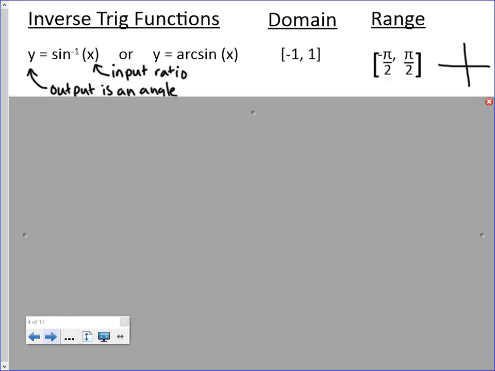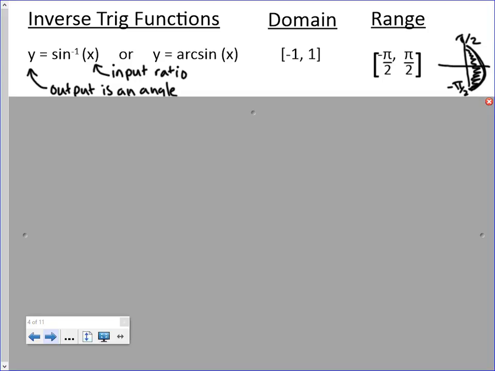If your range is from negative pi over 2, that's the negative y-axis, to positive pi over 2, that's the positive y-axis, the angles that you name for your solutions to inverse sine should only exist in quadrant 1 or quadrant 4. And those angles have to be between negative pi over 2 and positive pi over 2.